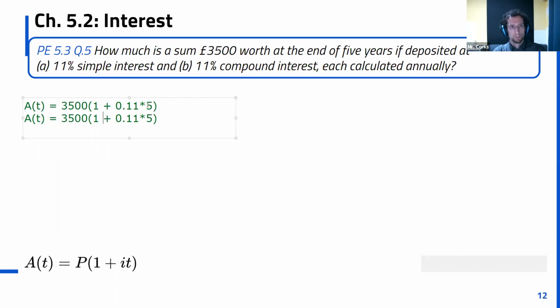So 1 plus 0.55 is 1.55. And then we reach for our calculator to figure out what this is.